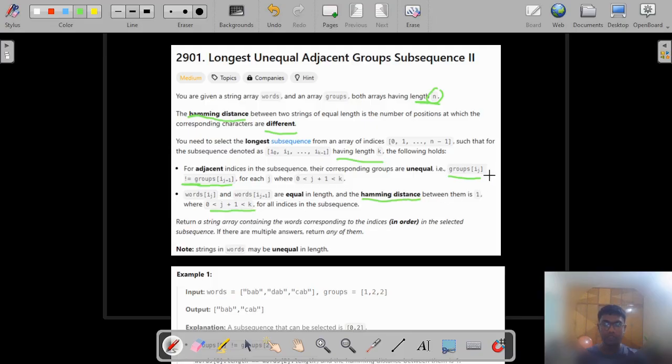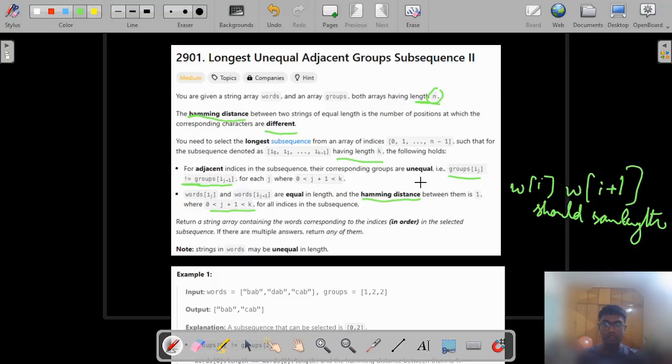So words of i and words of i plus 1 should be the same length, but the Hamming distance, which is the difference of characters between these two words, should be 1.